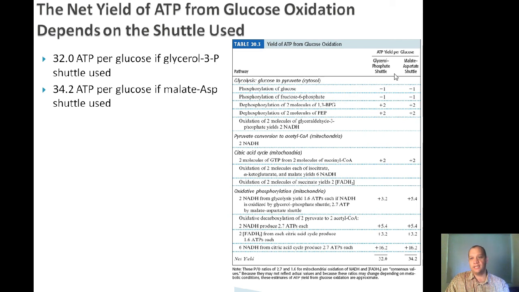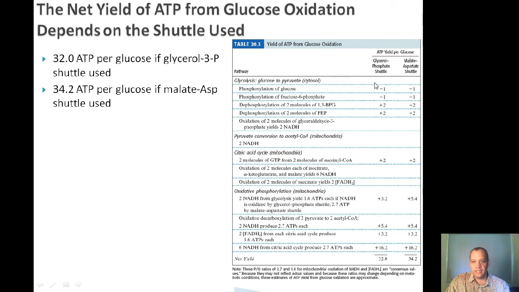So this is a generalized summary of the amount of ATP that can be produced in the entire catabolism of glucose. We have the glycolysis pathway here, pyruvate conversion to acetyl coenzyme A, the citric acid cycle, and oxidative phosphorylation.